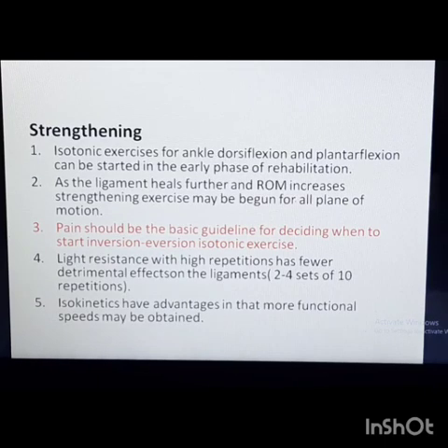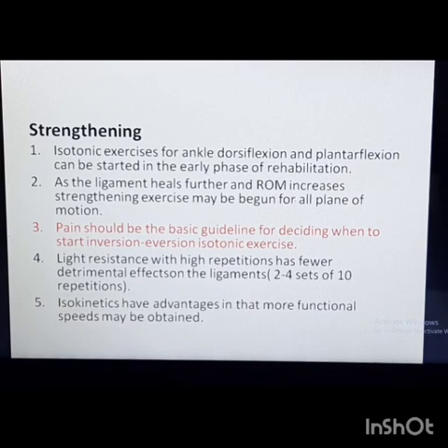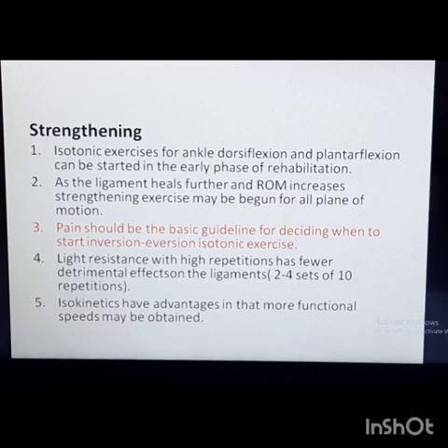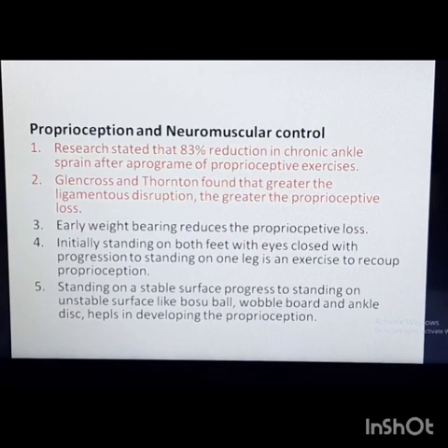Pain should be the basic guideline for deciding when to start inversion and eversion isotonic exercises. Light resistance with high repetition has fewer detrimental effects on the ligament, that is 2 to 4 sets of 10 repetitions. Isokinetic has an advantage in that more functional speeds can be obtained in the movement.